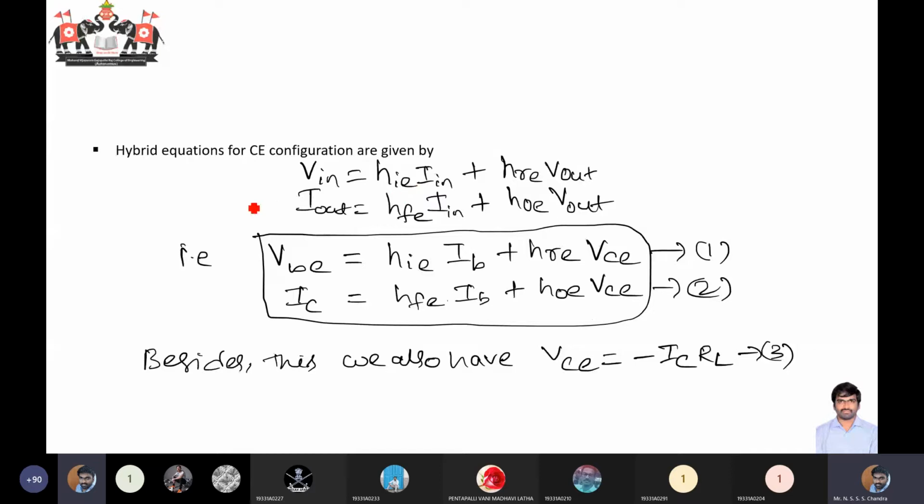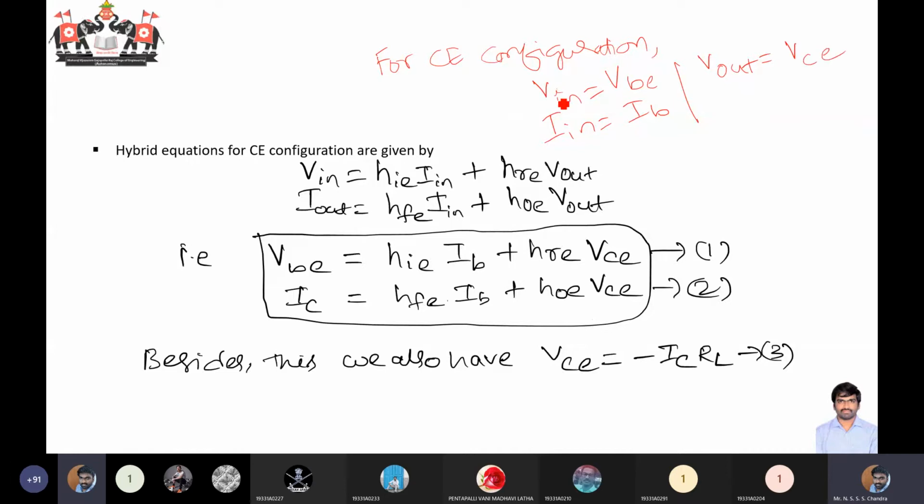Okay, now if I am replacing these for the CE configuration, if you remember from the past quiz also, I gave the same questions. So V input is nothing but VBE, I input is nothing but IB, and for the output circuit, at the output terminals, voltage is VCE and the current, for the transistor, is IC.